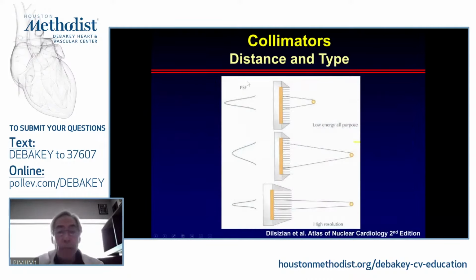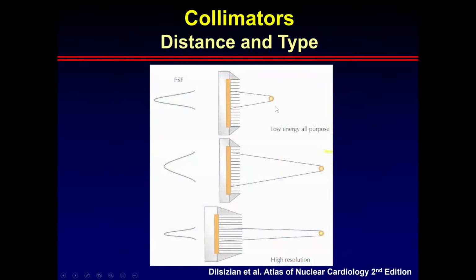This is just a point spread function looking at the differences between different collimators. So here you have a low energy collimator, okay, all-purpose collimator, and you can see here's a point source, and this is what your point spread function looks like. And you'll see that the full width half maximum is this distance here. Now let's see what happens when you bring the source further away from the collimator head.